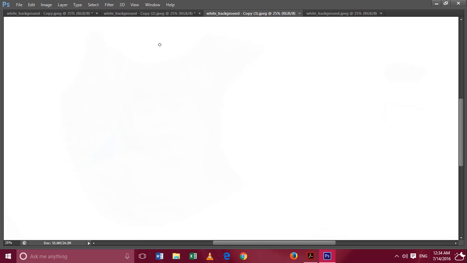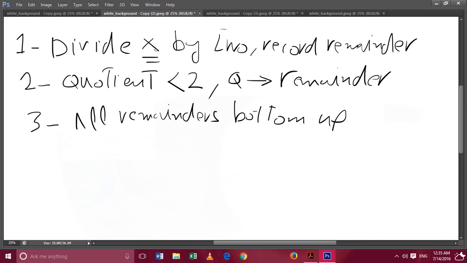So let's take an example. Let's say that we want number 13, the number that we used in the previous example. We want to convert this to binary. So I'm going to write here Q, which is quotient, and here is the remainder. Here's the algorithm: divide the number by 2, record the remainder.